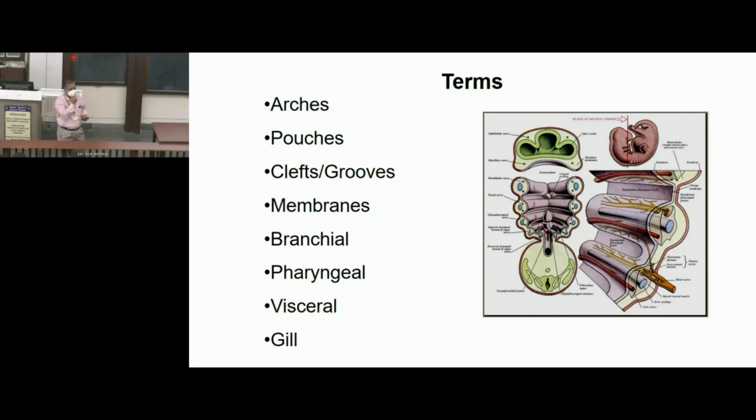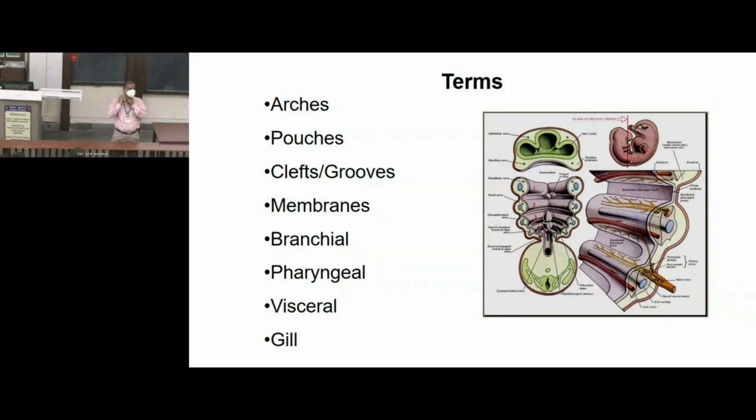Pouch. Pouch means some bag-like structure, but this pouch is on the internal aspect of the arch. So if the arch is like this, whatever is lying within is a pouch, and whatever is lying outside is a cleft.